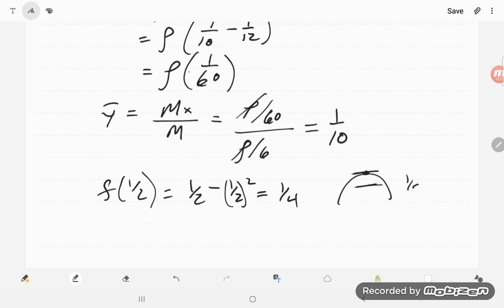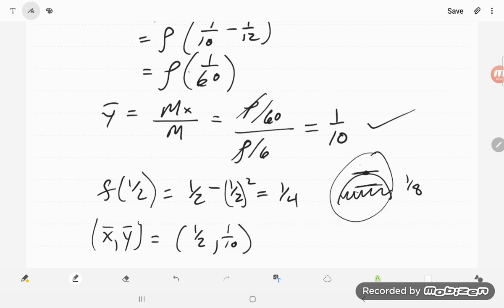We should be below 1/8, because most of the stuff is down here, wider at the bottom than at the top, and 1/10 is definitely a bit less than 1/8. So I think we did well. So our x bar, y bar is equal to 1/2, 1/10 for our area there of constant density.